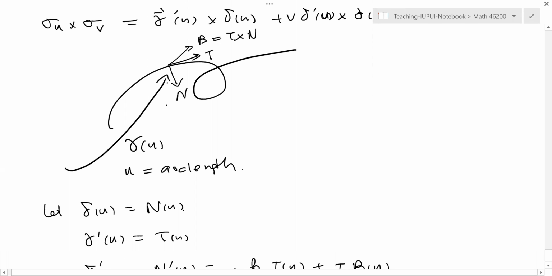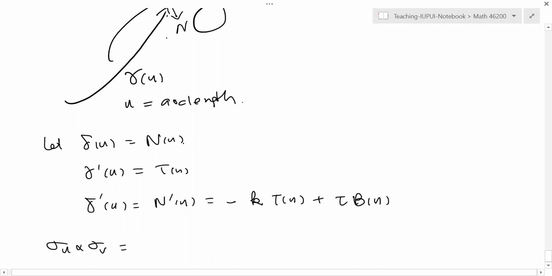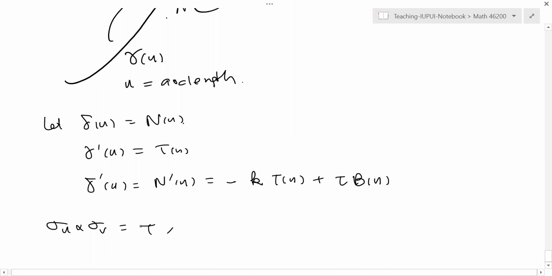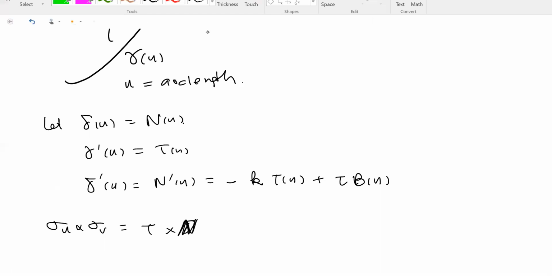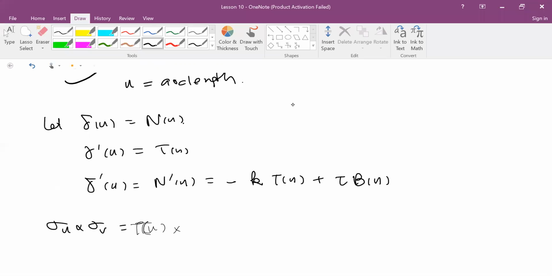So sigma u cross sigma v. The first one is t cross delta, t cross n. I need to change it back to sigma.